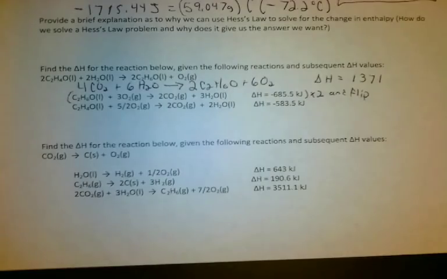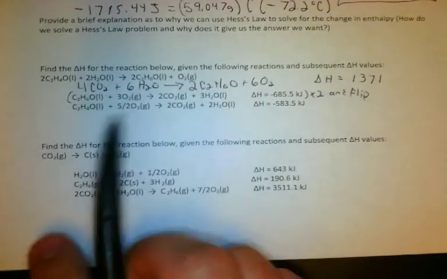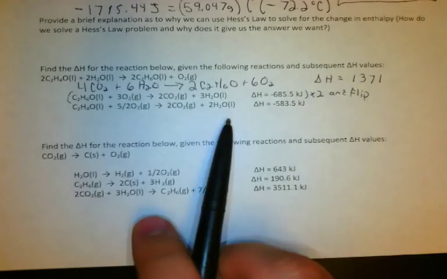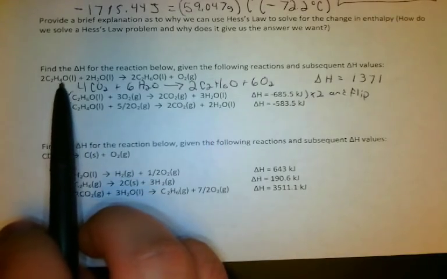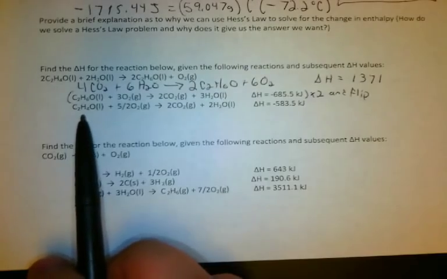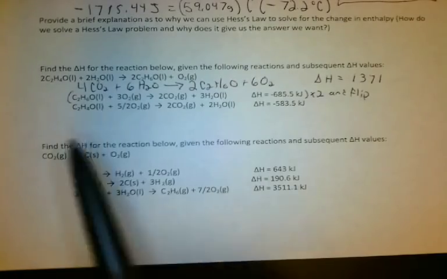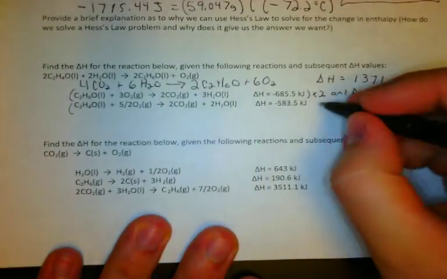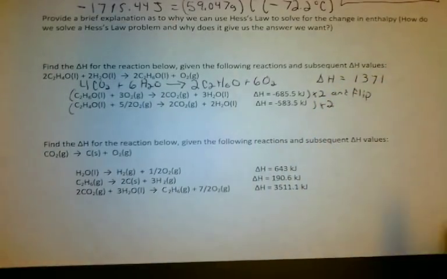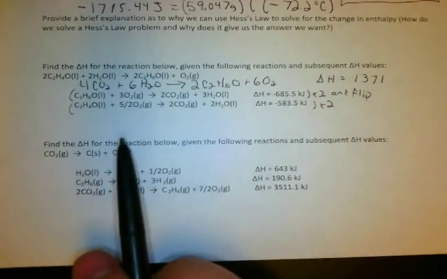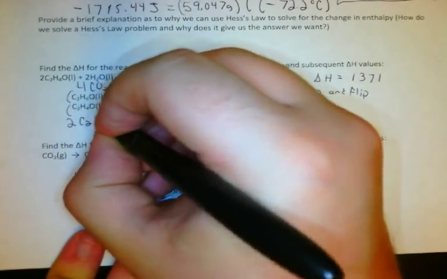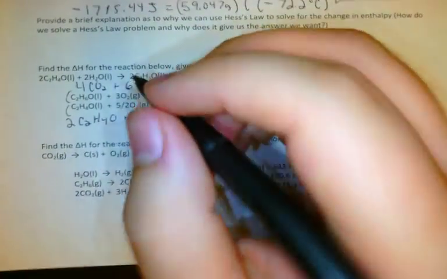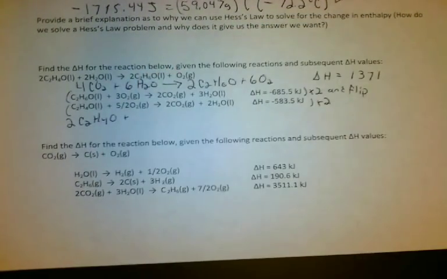For the last one, it is also going to need to be multiplied by 2, because if I see right here, I have 2 C2H4O, and I only have 1 C2H4O there. So I need to multiply it by 2. In this case, I don't need to flip it because everything's in the right spot. So if I multiply that by 2, I got 2 C2H4O. 5 halves is 2.5.